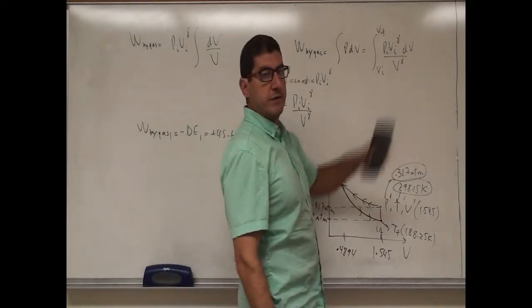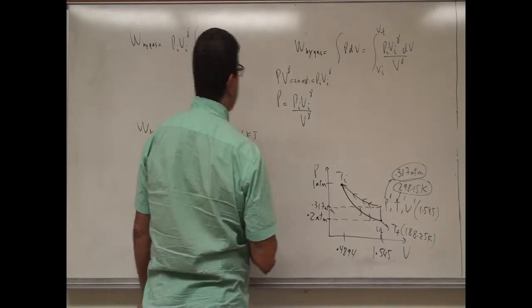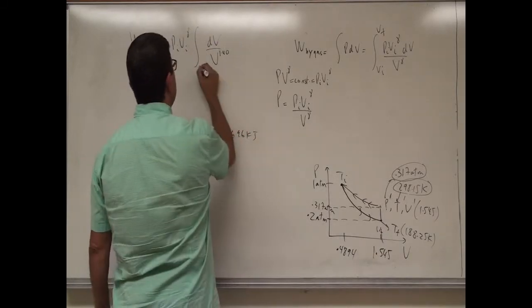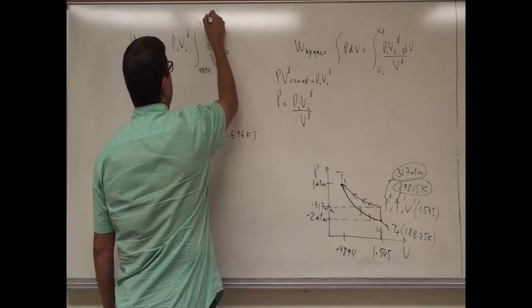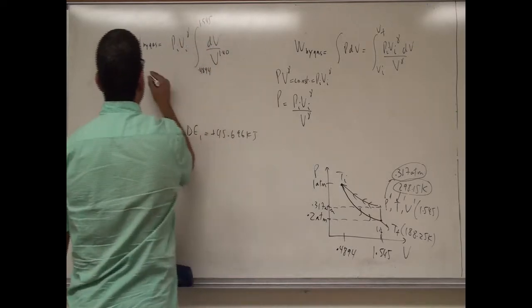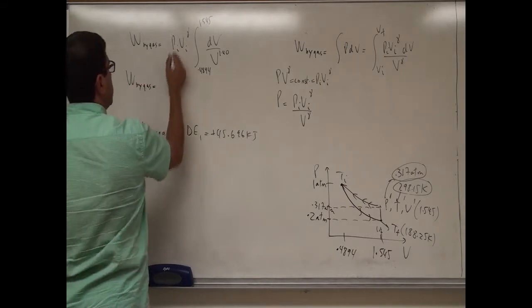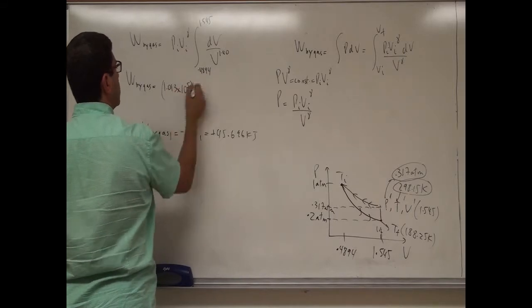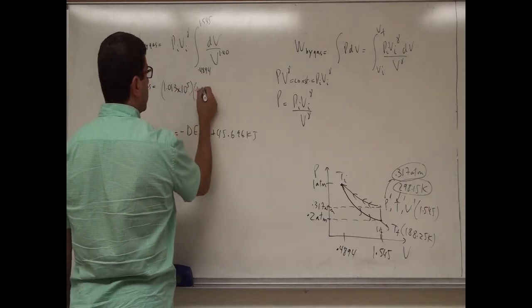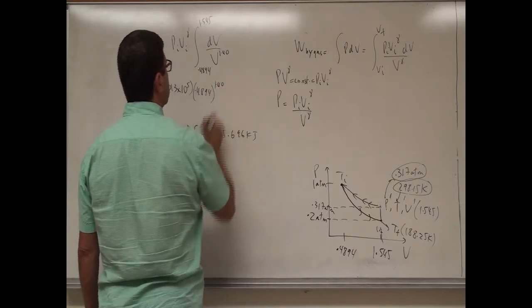The gamma was 1.40, the initial volume was 0.4894, and the final volume 1.454, and then we can put in these constants. Work by the gas, the P initial was 1 atmosphere, the V initial was 0.4894, and the gamma was 1.40.